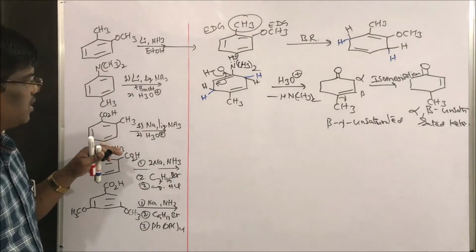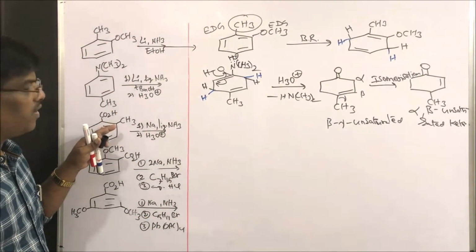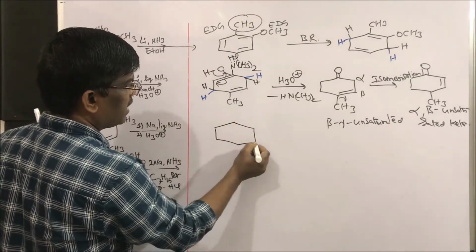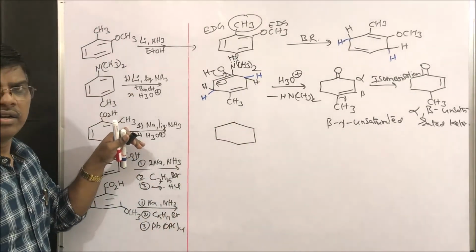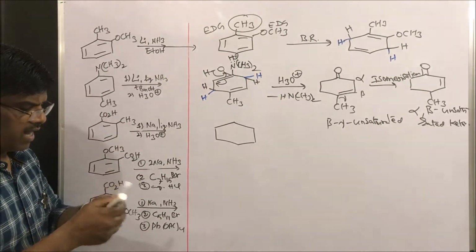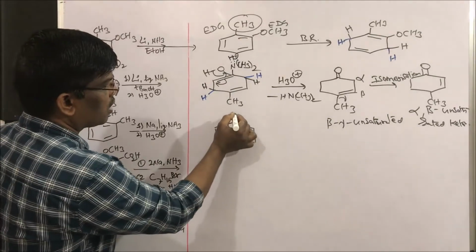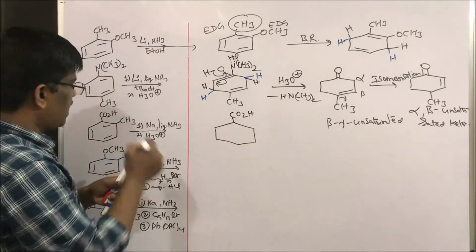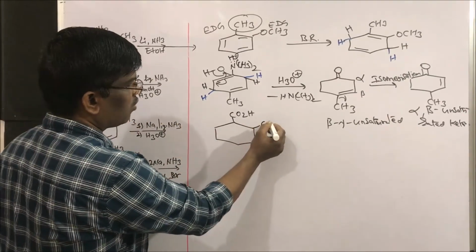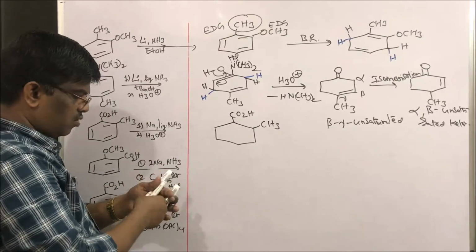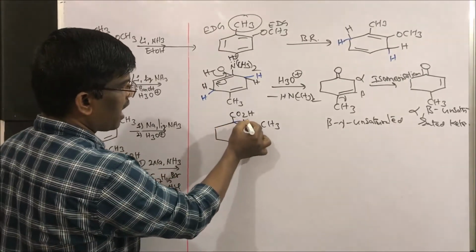So when it comes to this, already we did it. So what is the compound? Here it is substituted with this electron donating group, and this electron withdrawing group. For the electron withdrawing group, yes, you can add a proton there. Whereas this methyl group, are you going to add a proton? No. So here I am going to add.